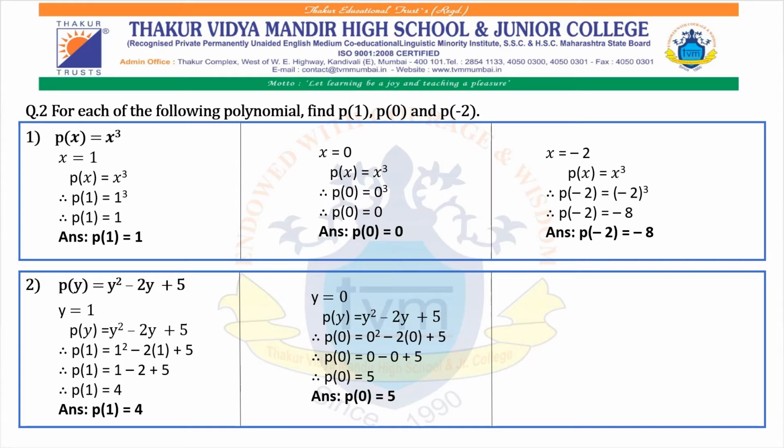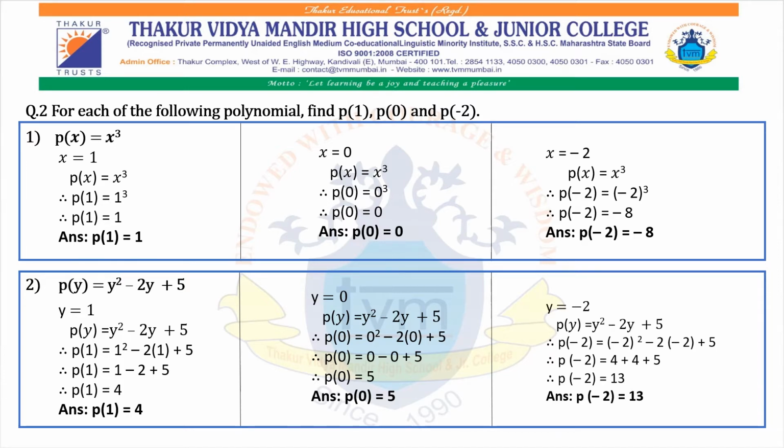So p of 0 is equal to 0 square minus 2 into 0 plus 5, which is 5. Now we substitute y equals minus 2. So p of minus 2 is equal to minus 2 square minus 2 into minus 2 plus 5, so 4 plus 4 plus 5, that is 13. Therefore p of minus 2 is 13. Question number 3 of the same question is given for self-study.